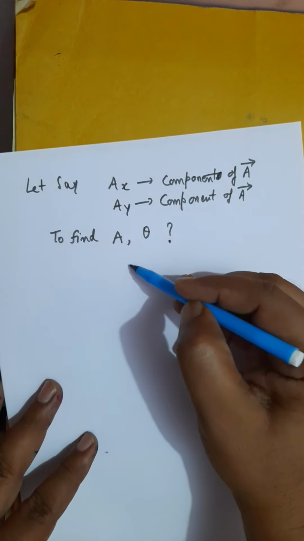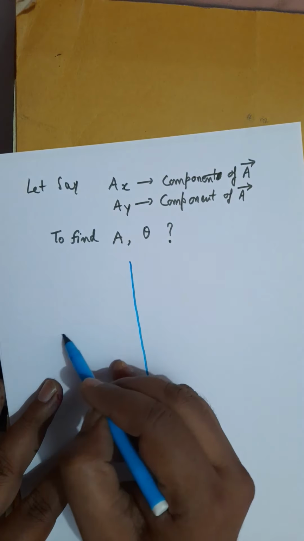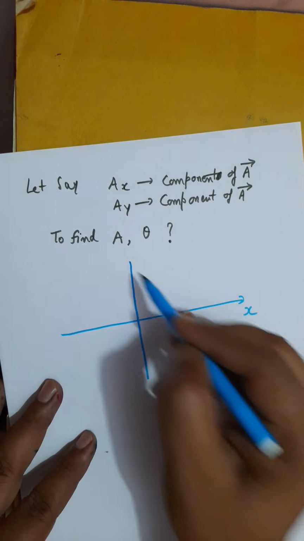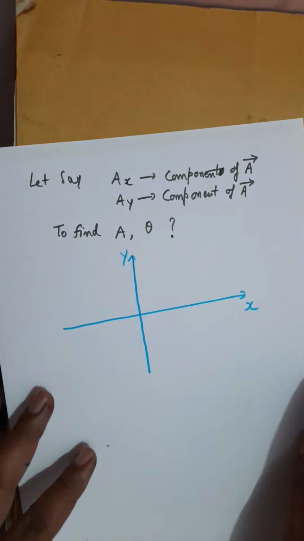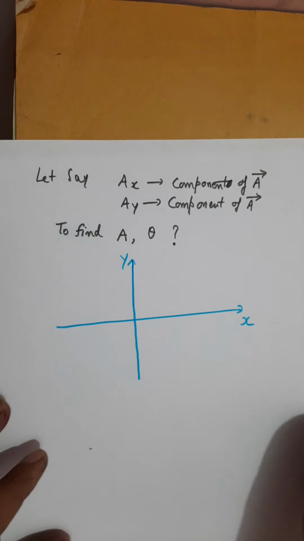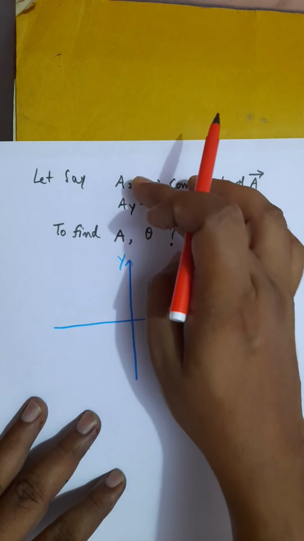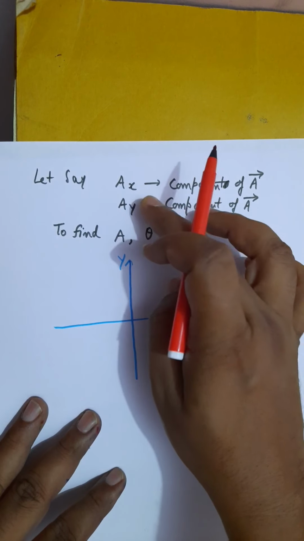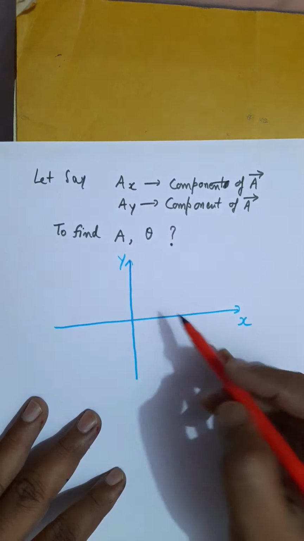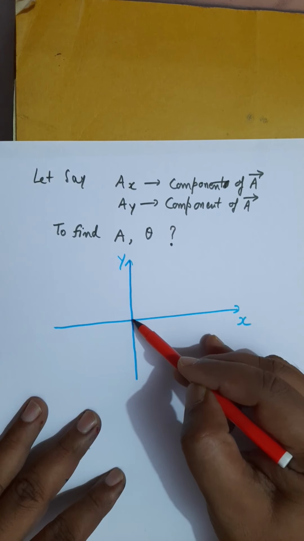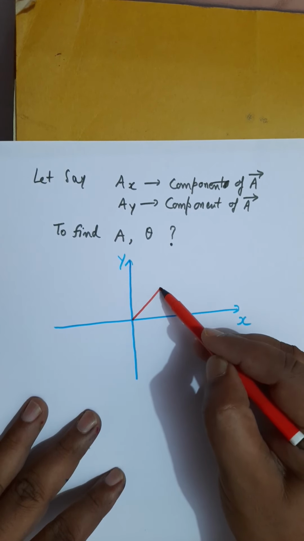First of all, you draw some coordinate axis x and y, and now I will draw a right angle figure. So the right angle figure will depend upon the sign of these components. If I assume that both are positive, I will draw the triangle in the first quadrant.